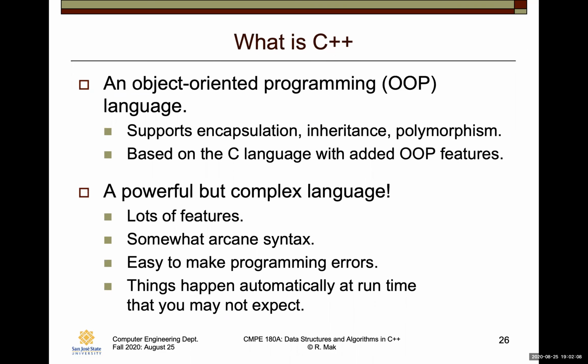That's not necessarily true with C++, because as your program is running, it's doing other things behind your back related to your program. And if you don't know that, you might end up with a program that doesn't work the way you expect. So that's some of the things I'm going to make sure we learn to watch out for.